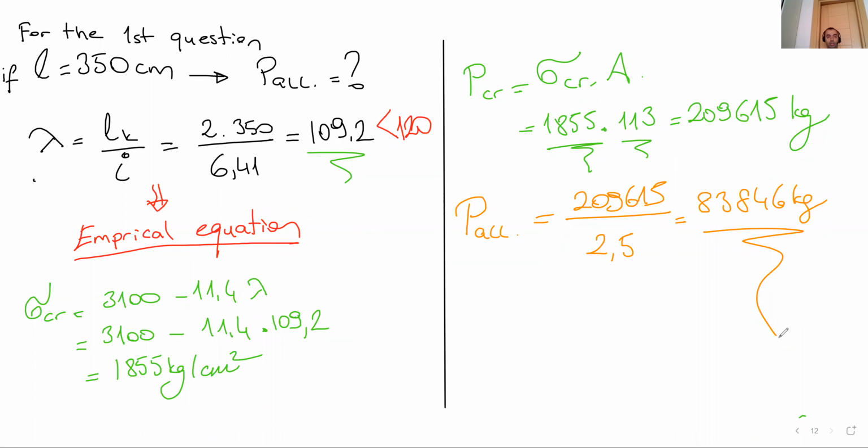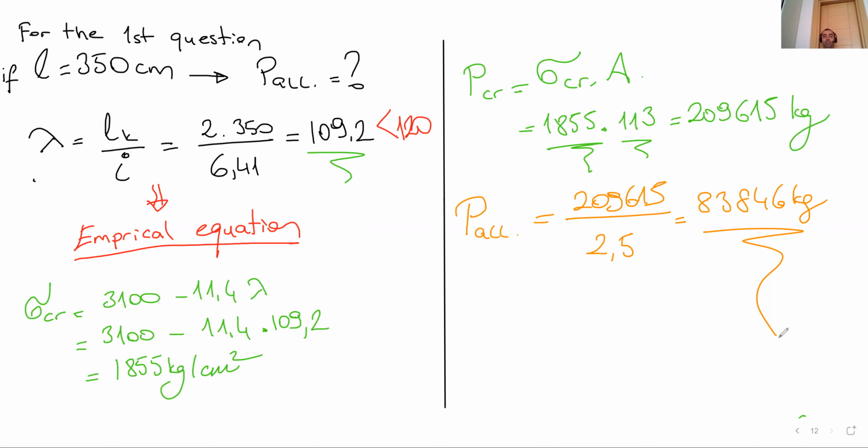So in this question, we tried two methods. One is Euler's theory, the other one the empirical equation. The only thing we changed in the question is the L. If the L changed, the slenderness is changed.